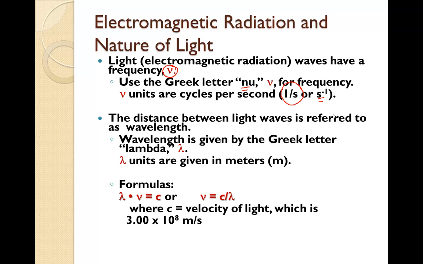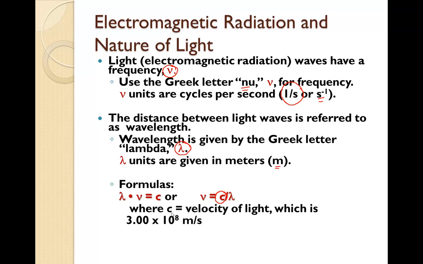The distance between light waves is referred to as the wavelength. Wavelength is given by the Greek letter lambda, which looks like an upside down Y. Lambda units are given in meters. It's important that you have it in meters and seconds and not nanometers or milliseconds or some other variation because of this variable right there.